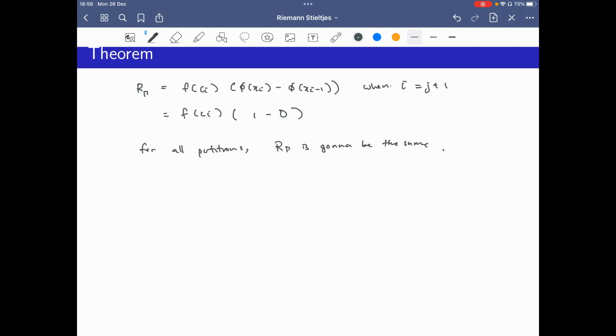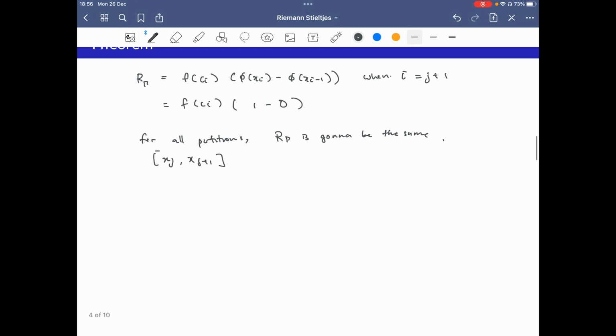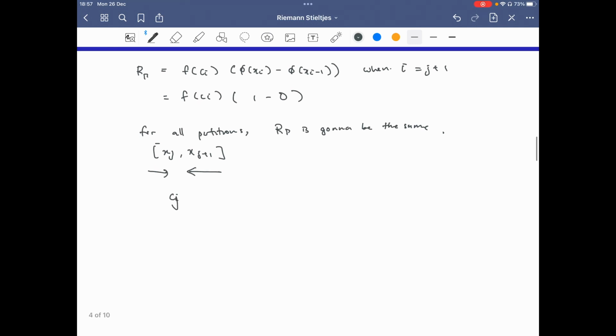We can always find such an interval, x_j and x_{j+1}, that contains 2. As the gap gets smaller and smaller, remember that ci is chosen in between, exactly in this interval.